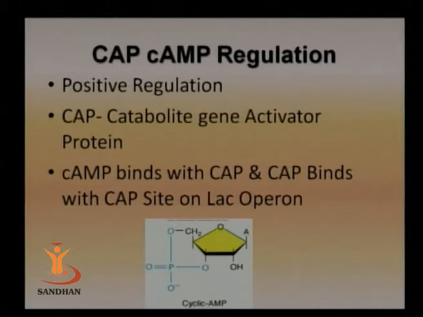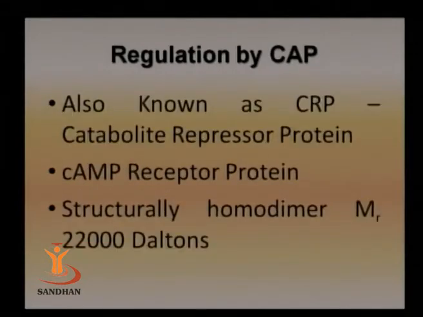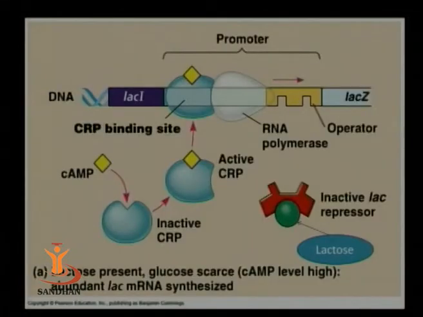So this CAP protein is actually catabolite repressor protein. It is also known as cAMP receptor protein, or cAMP regulator protein, and structurally it is a homodimer, and each subunit has a molecular weight of 22,000 Dalton. Usually this CAP protein occupies the site known as the CAP site in Lac Operon, but without cAMP this CAP cannot directly bind to this site.